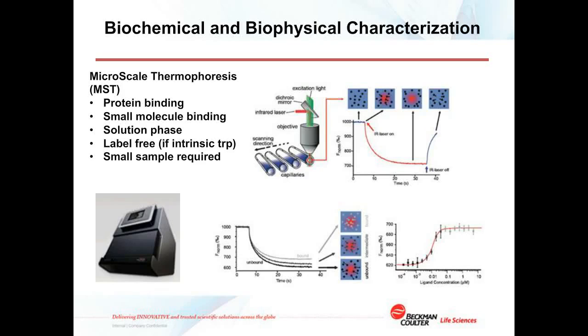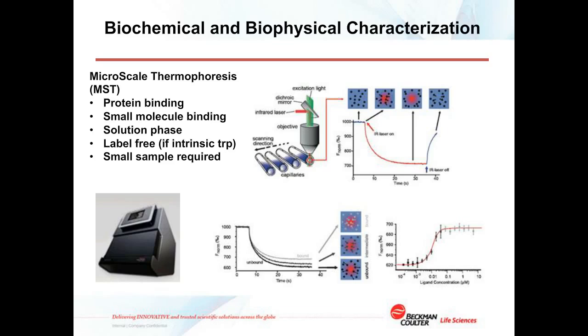Microscale thermophoresis is yet another way to measure protein interaction potentials or small molecules, peptides. This does use fluorescence, but there are two different flavors in which this can be performed. In one manner, intrinsic tryptophan fluorescence can be used to read out protein fluorescence, and in the other, you can attach a fluor to the protein of interest.